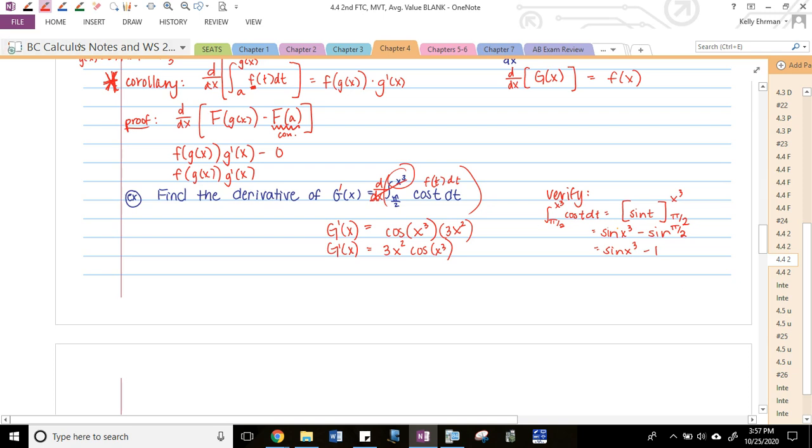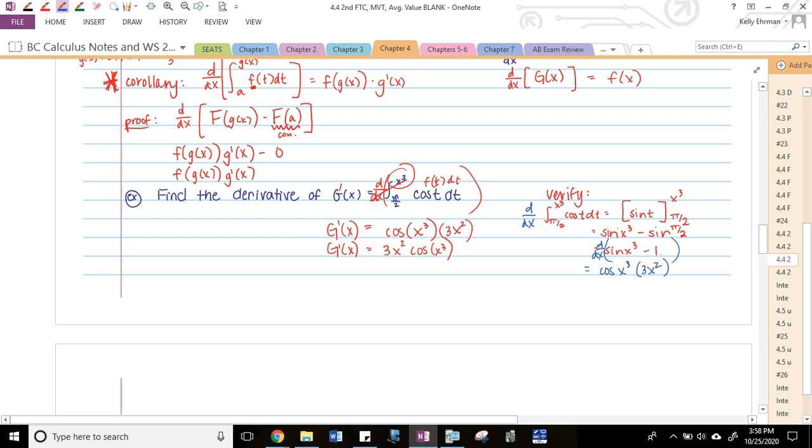That's the antiderivative. Now I'm supposed to turn around and take the derivative with respect to x of both sides. Sorry, my work's a little bit sloppy here. What's the derivative of sine x cubed? Derivative of sine is cosine of x cubed times chain rule, 3x squared.